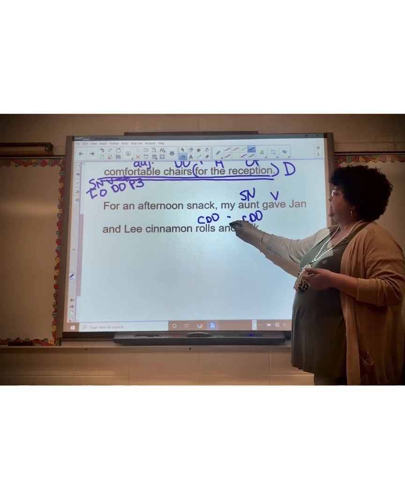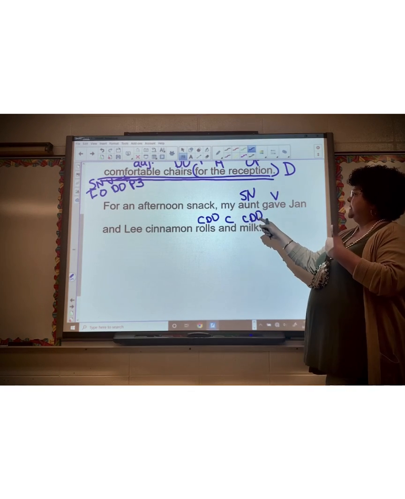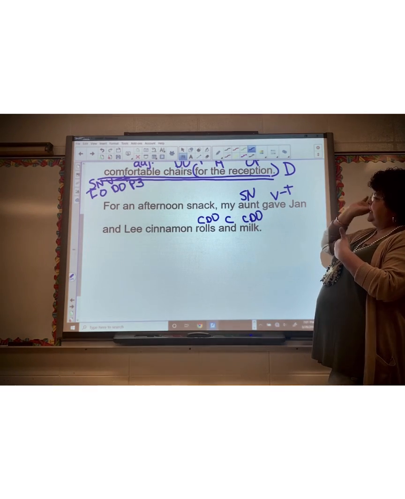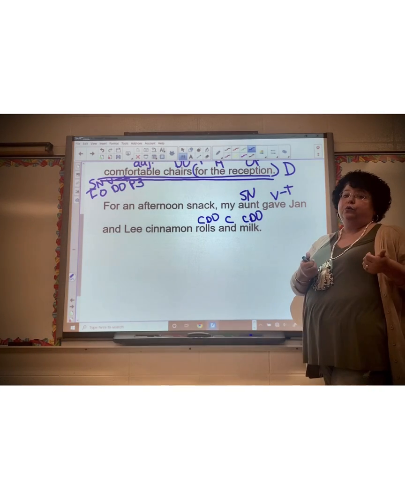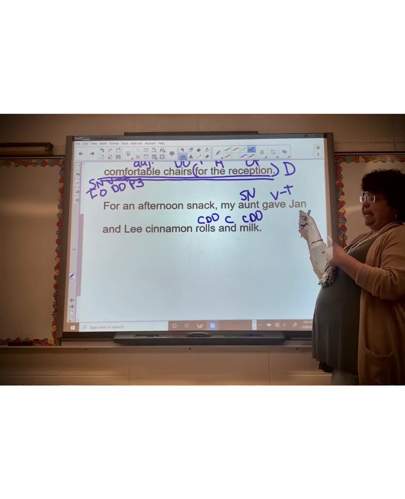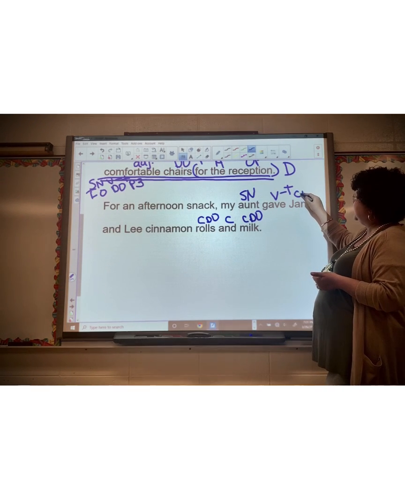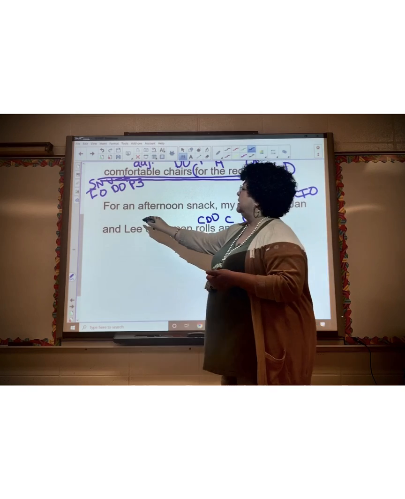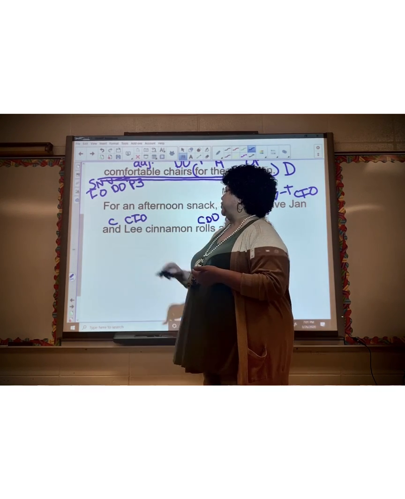And is a conjunction. Okay, so aunt gave rolls and milk. Since it's a direct object, we've got to go back and make the verb transitive. Aunt gave rolls and milk to whom? To Jan and Lee. Compound indirect objects. That's a C-I-O. And is a conjunction.